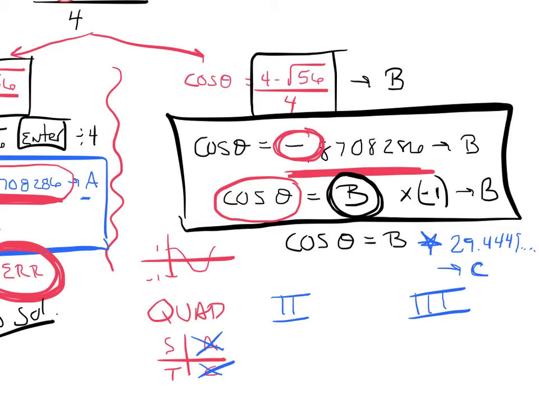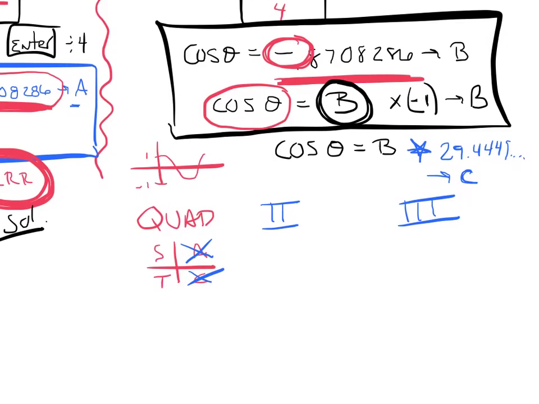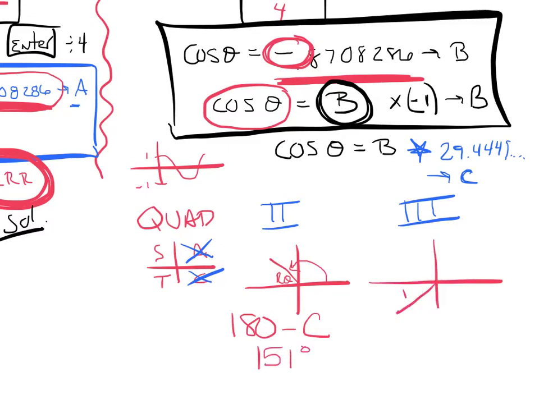All right, let's go get our two answers now. In quadrant 2, here's my reference angle. I need that whole angle. So I'm going to take 180 minus that ugly decimal that I stored into angle C. This answer is my final answer, so I can round this. I get 151 degrees. In quadrant 3, here's my reference angle.